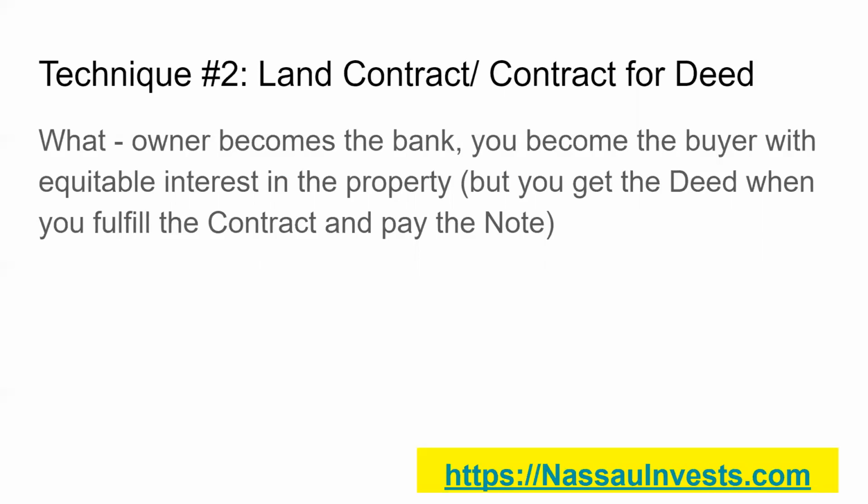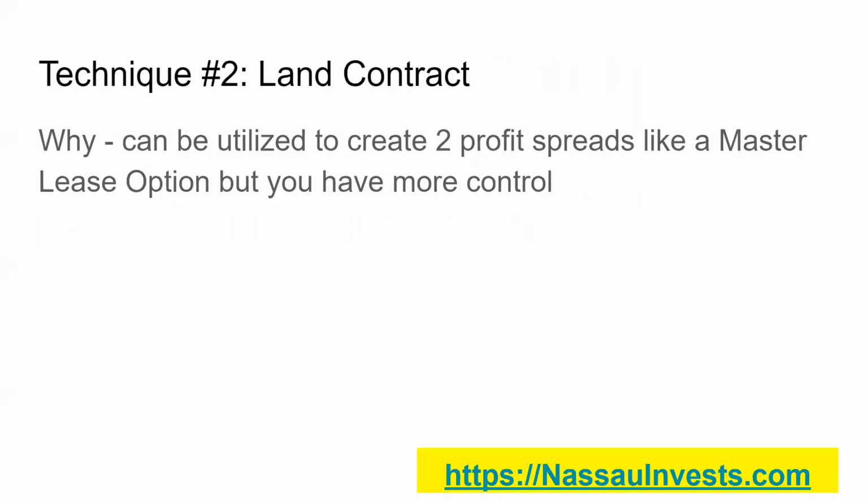All right. So why do you use this, in addition to creating two profit spreads like the master lease option? Because, for example, a land contract is usually for the entire property. This is exactly what Mike and Nate did on a 41 unit apartment building.